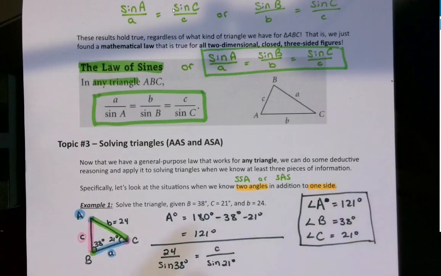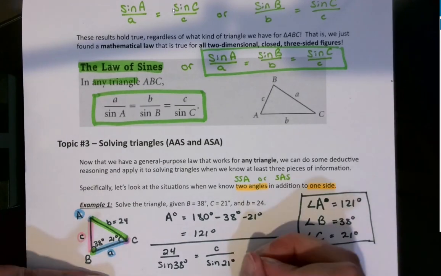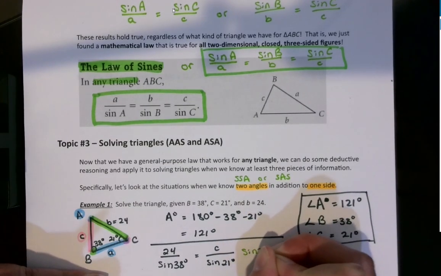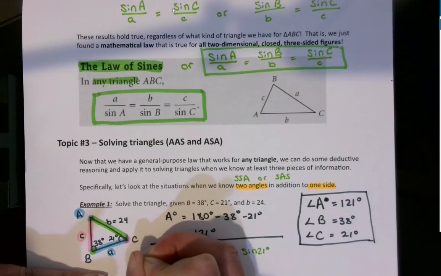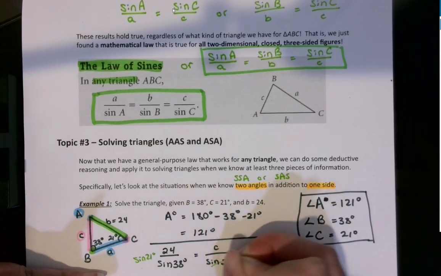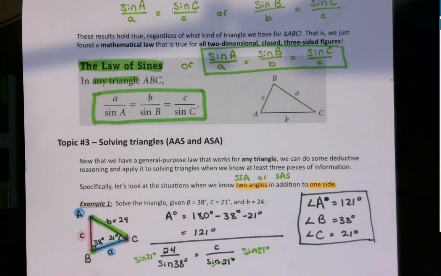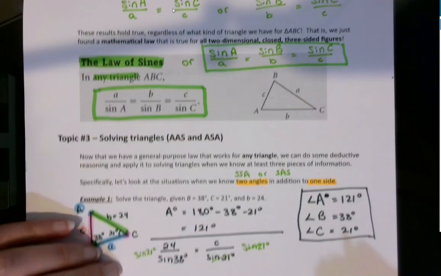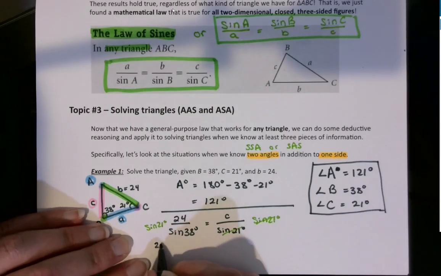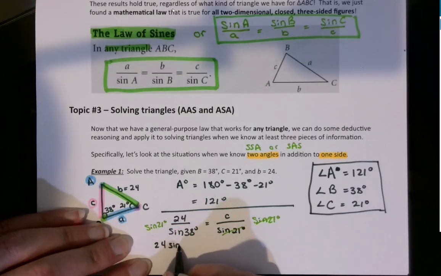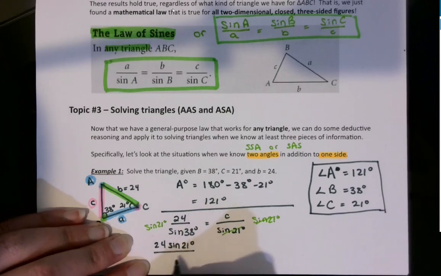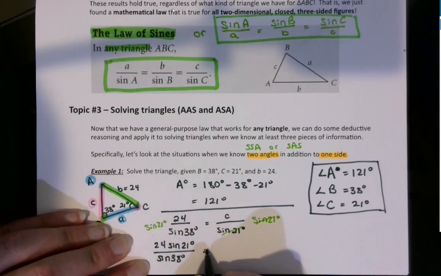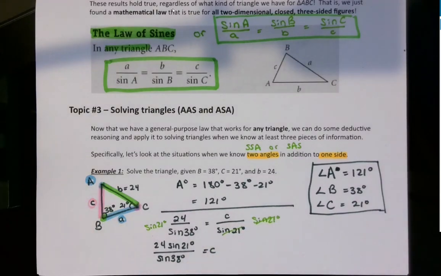Now, to solve for c, I'm going to multiply that sine of 21 to both sides, and that's going to get us c by itself. So 24 sine of 21 over sine of 38 is equal to little c.